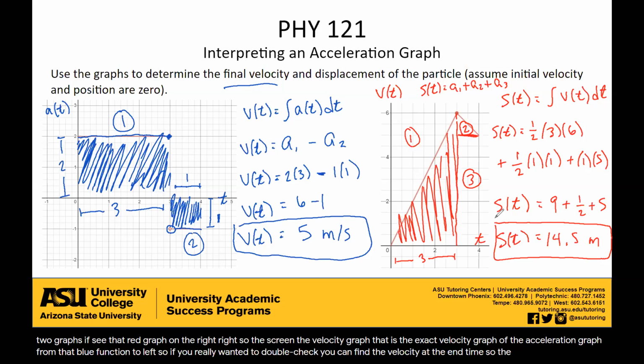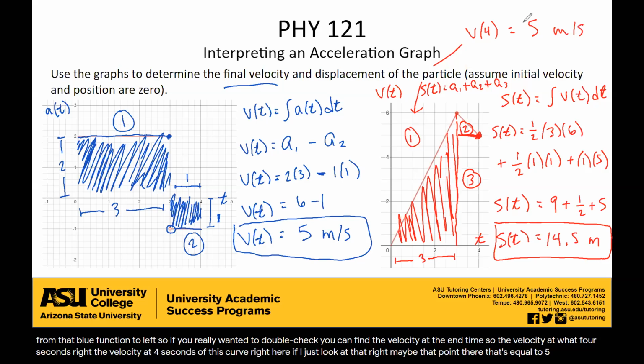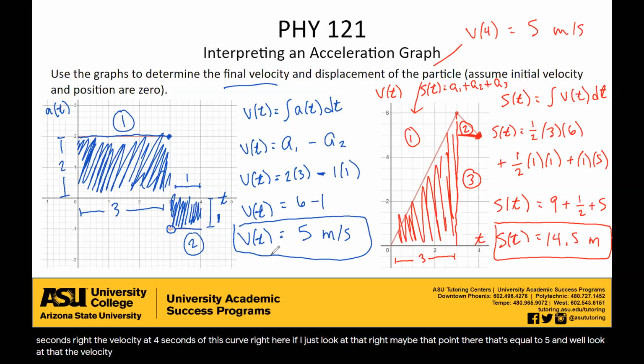The velocity at 4 seconds of this curve right here, that would be that point there. So that's equal to 5. And well, look at that. The velocity there is the exact same as the area under the curve for that acceleration function. So that double checks with our intuition. Cool. So let's clear that up.